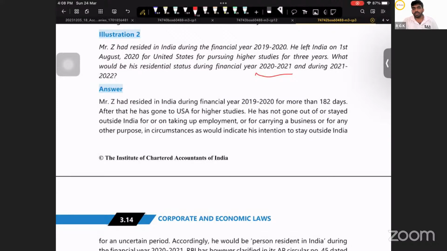Did he stay in India for preceding financial year? Yes. Is he leaving India in the current financial year? Yes. Why is he leaving India? Is it for those three purposes? No. Since it is not for those three purposes, by default, I should classify him as person resident in India only.